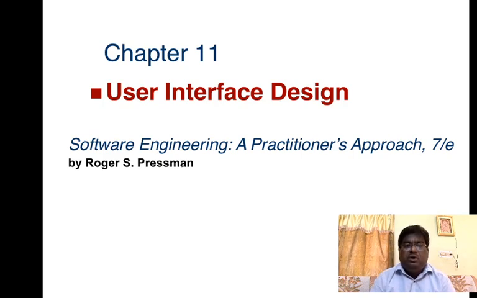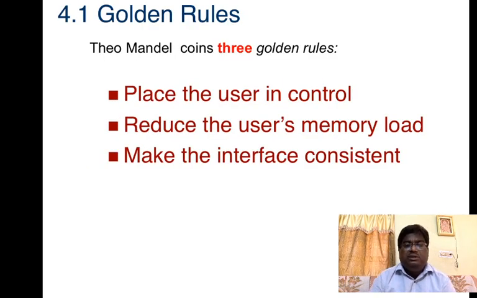It is also output. Simply speaking, interface design is nothing but I/O design. I/O design means input output design. If you design the I/O design or interface design strongly, it will help the client or users who are going to use the system. They feel it is very easy.